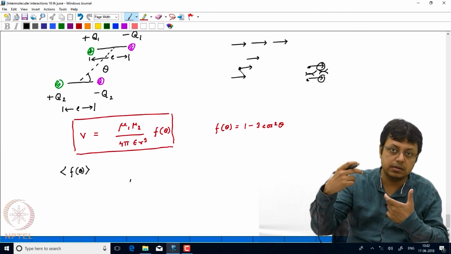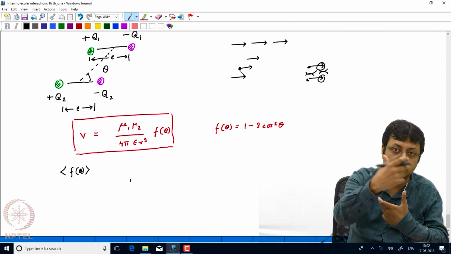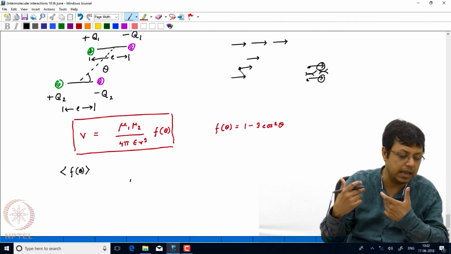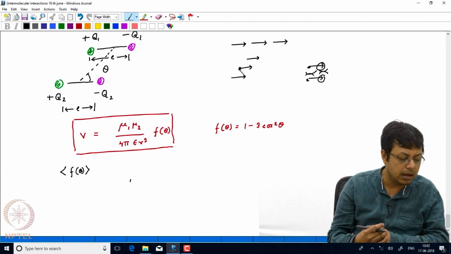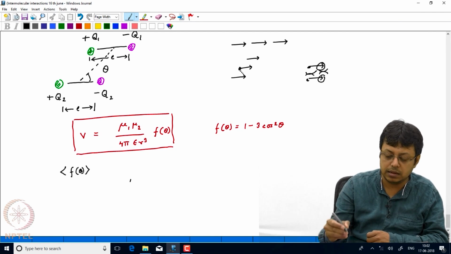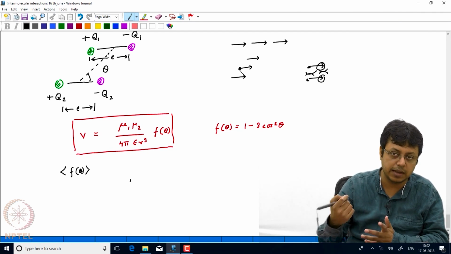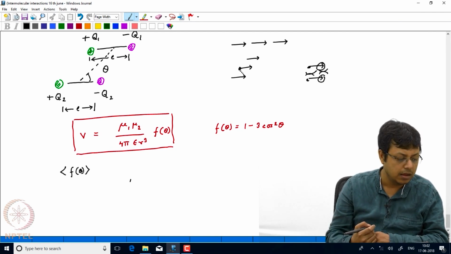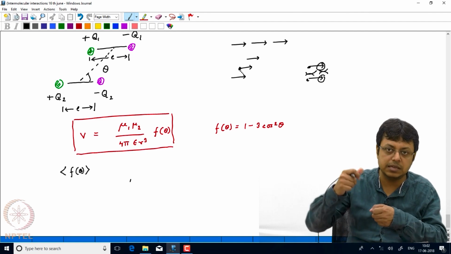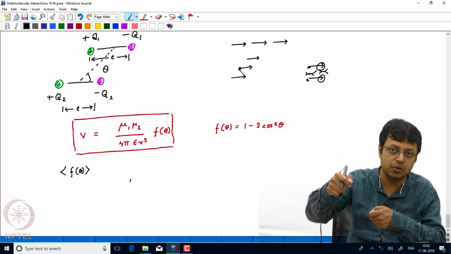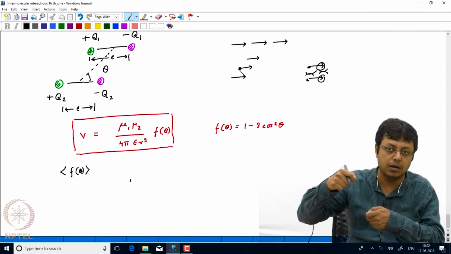If I have all possible orientations of this angle theta, instead of theta we could have taken the angle to be phi, because theta can now go from 0 to 2 pi.